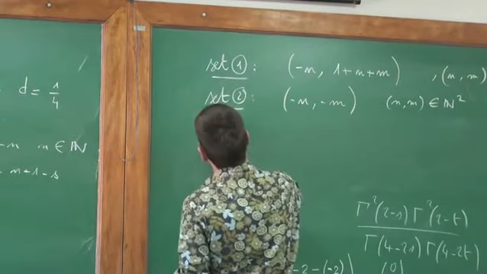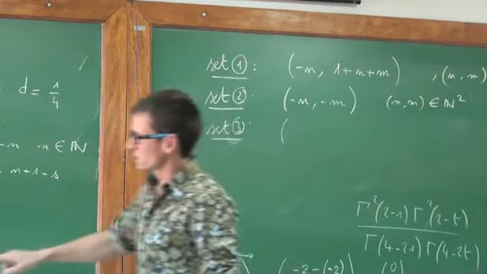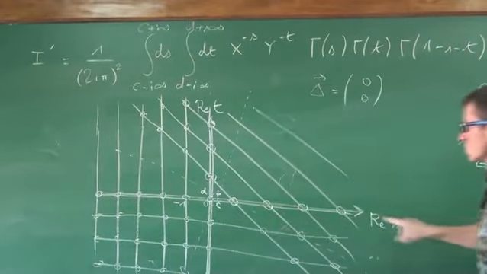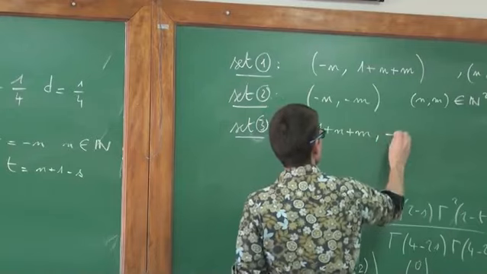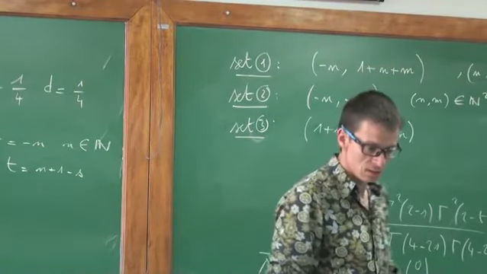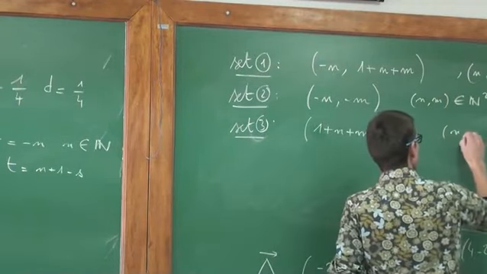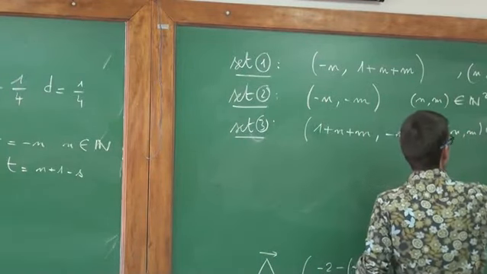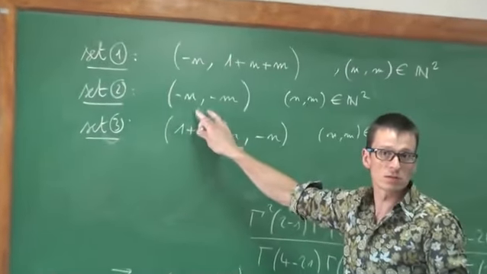And the last one, set 3, is n plus 1, n, 1 plus n plus n, minus n. And now we begin by calculating this one, which is simplest.